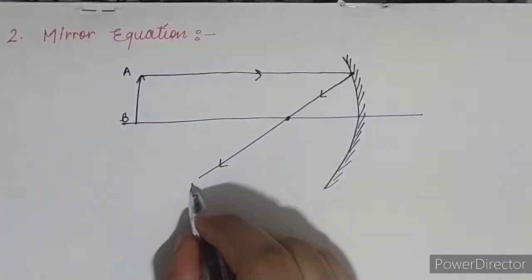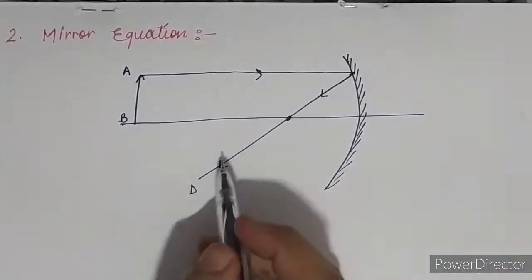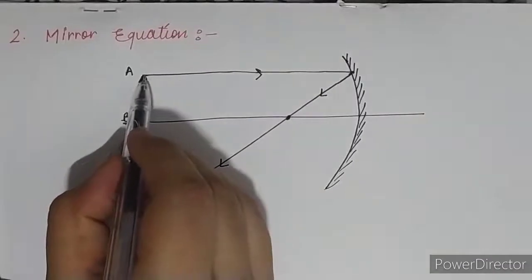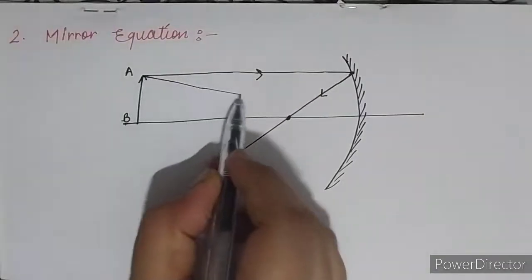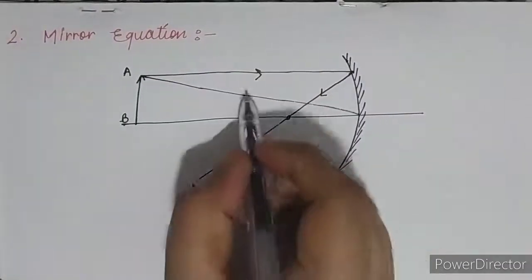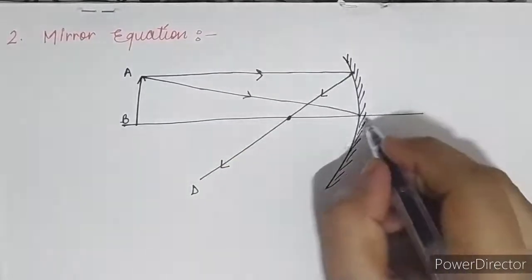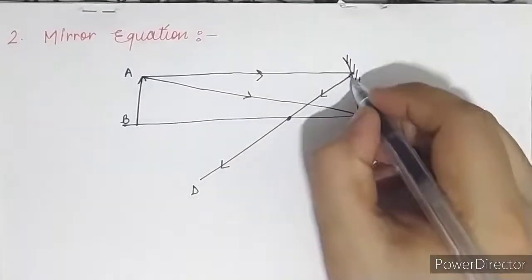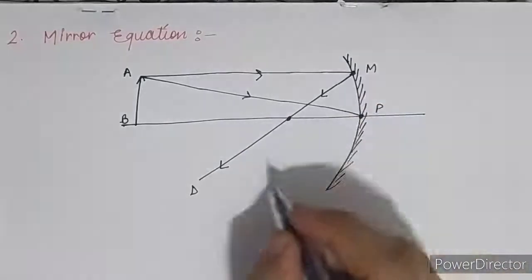Clear? If it is coming through the pole, then by obeying the laws of reflection, it is reflected with the same angle.